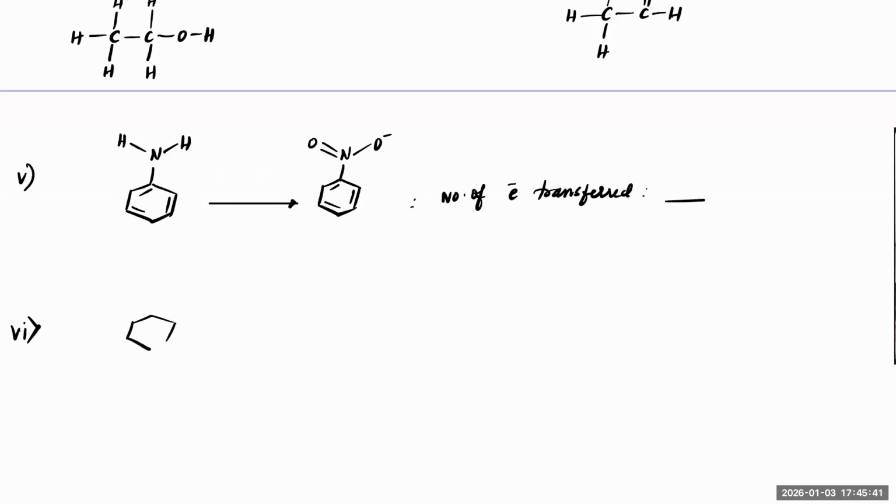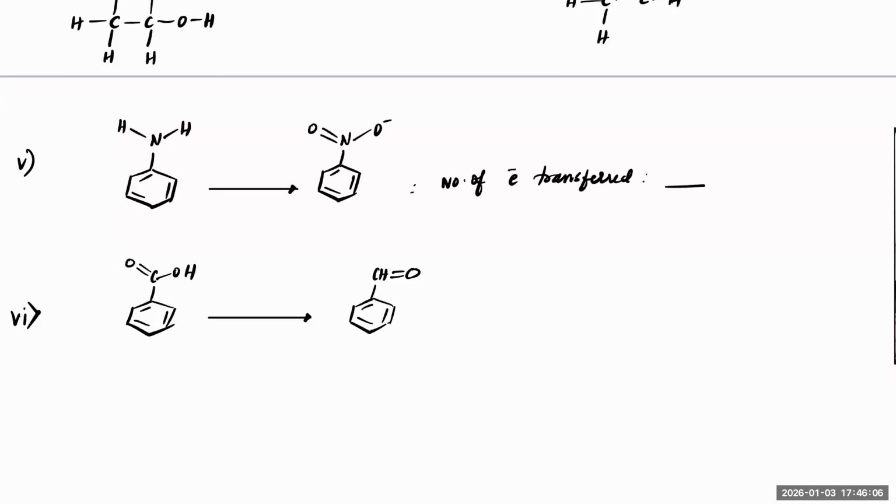Likewise, if you have benzene with C double bond OOH converting into CH double bond O, find the number of electrons transferred.